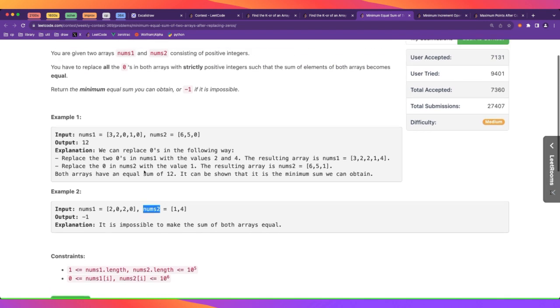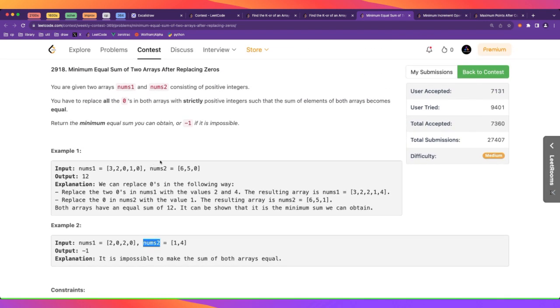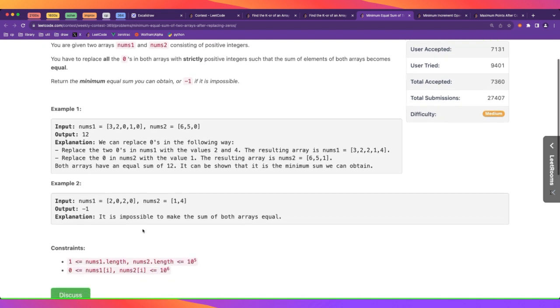And since we have to replace zeros with strictly positive integers, the minimum this can sum to, if you replace the zeros by ones, is 6, which is already greater. So that's why it's impossible to make the sum of both arrays equal.